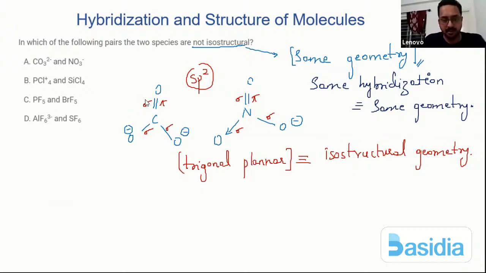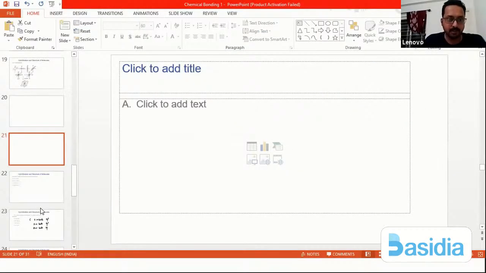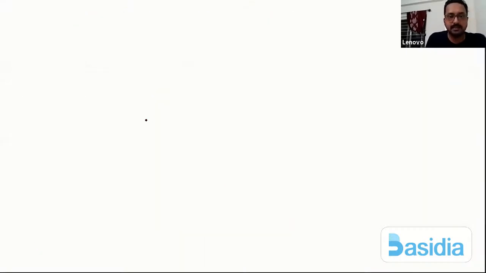So let us go to the next one, the PCl4 plus and the SiCl4. If you check the PCl4 plus, you will find there's one Cl over here, one Cl, one Cl, one Cl, and the whole thing has a positive charge.